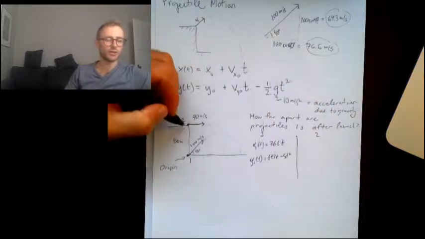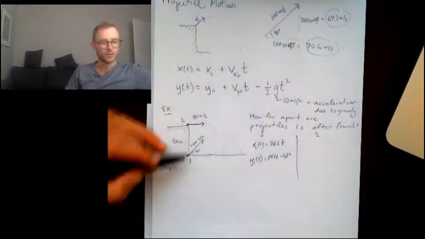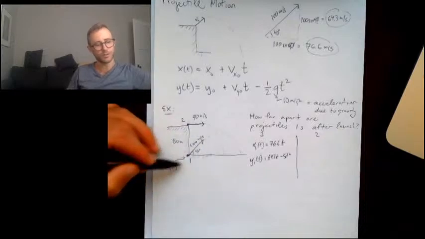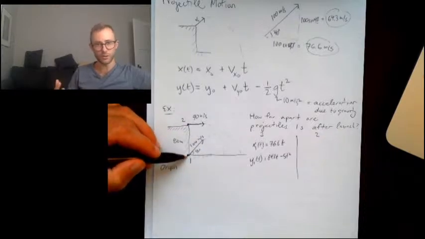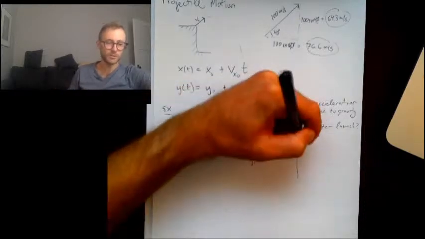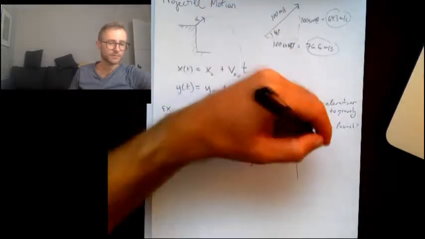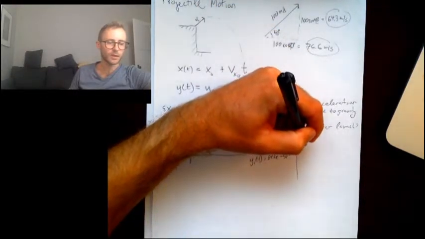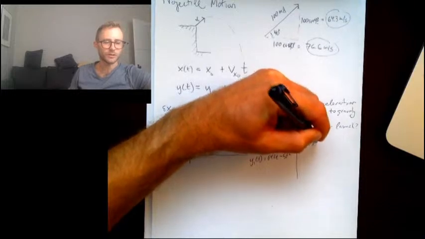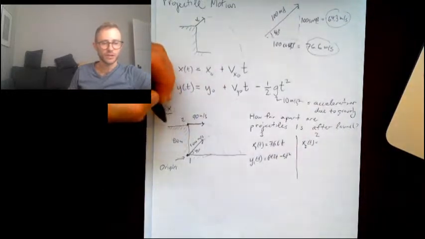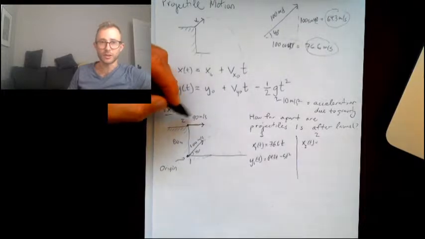For projectile 2, it's not displaced horizontally from projectile 1, so it also has x naught equals 0. So x2 of t is going to be 0 plus, and projectile 2's velocity is 100% horizontal to start with.